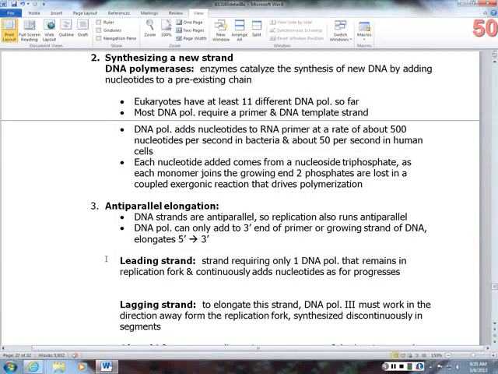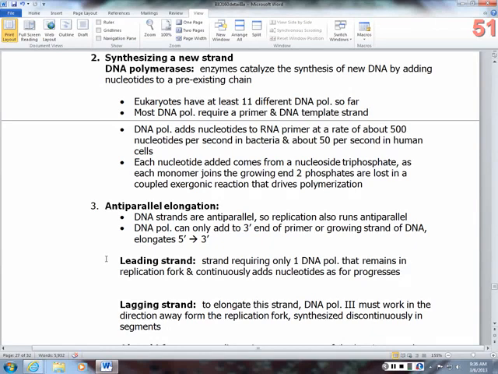They are going to elongate in anti-parallel directions. The strands run anti-parallel to each other in opposite directions, and so replication is also going to be in opposite directions. The DNA polymerase can only add to the 3' end of the primer or the growing strand of DNA, so it's going to elongate in the 5' to 3' direction.